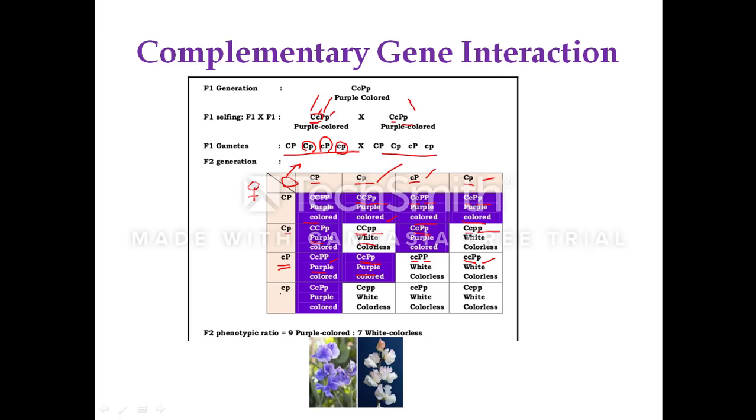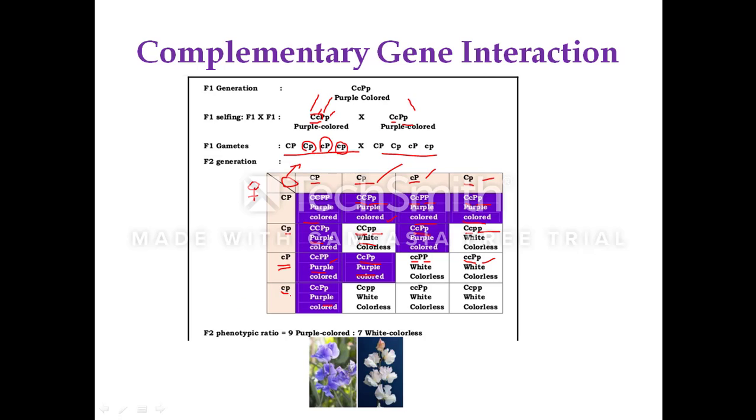When small c and small p, both in recessive condition, fuse with capital C and capital P, we will get capital C small c, capital P small p, heterozygous dominant for both C and P, hence we get purple flowered plants.